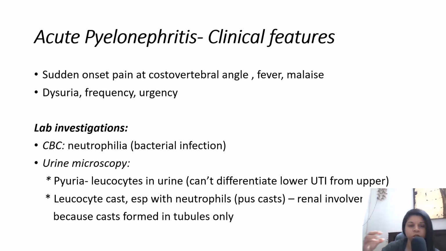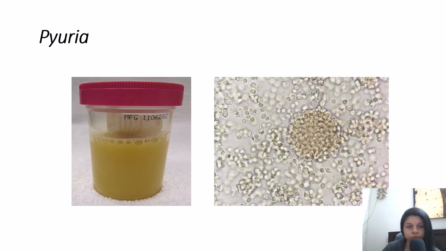So when pus or WBCs accumulate in the tubules, you will get pus casts, which will pass through the tubules and come to the urine. In a normal UTI, you will get pus in the urine. If you get casts also, you should suspect the patient has a kidney infection also.